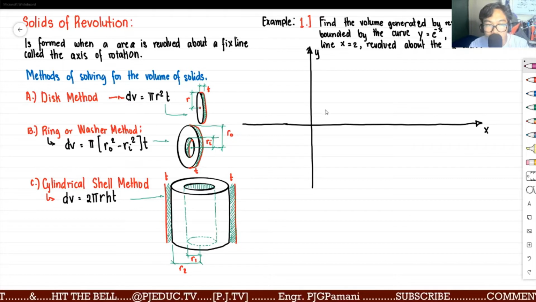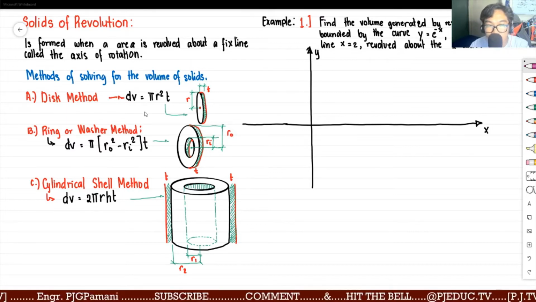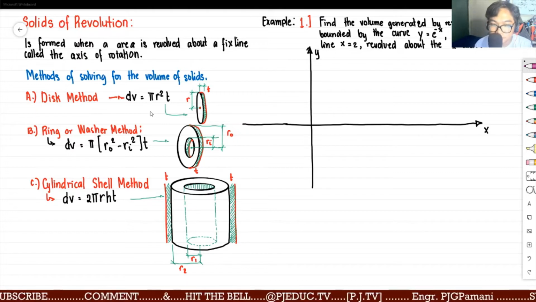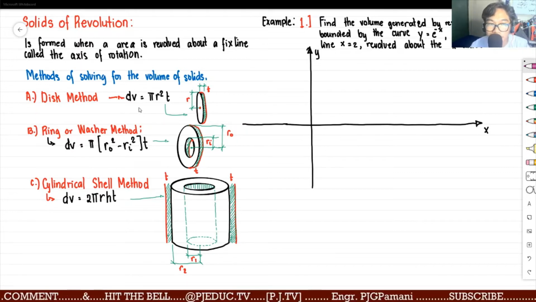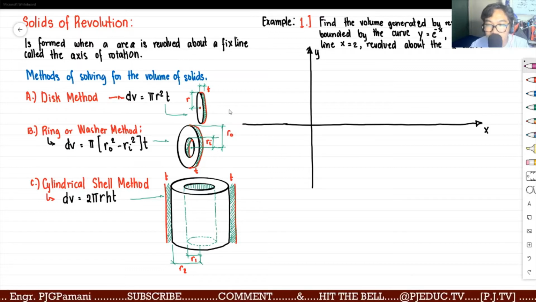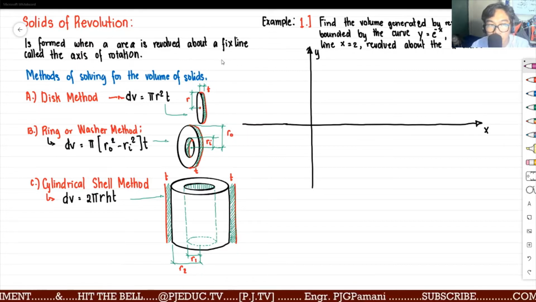So consider it as a disk with multiple elements of thickness, which will then be identified by the differential volume equal to pi r raised to 2 times the thickness. Thickness is basically the differential thickness of the curve with respect to a fixed axis of revolution.